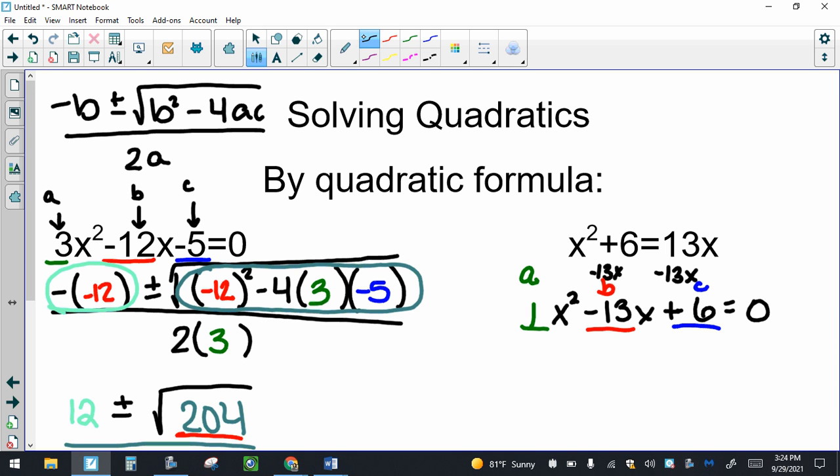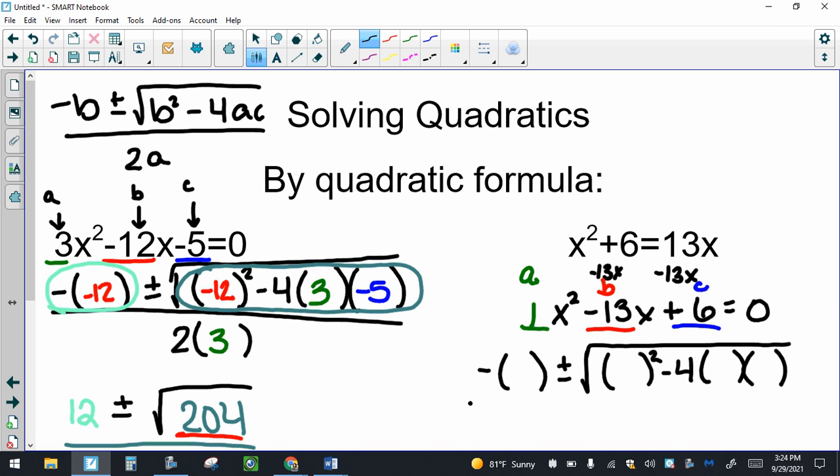So we're going to do the same setup here. We're going to plug everything into the equation. So negative b plus or minus the square root of b squared minus 4ac all over 2a. And we're going to start plugging stuff in.